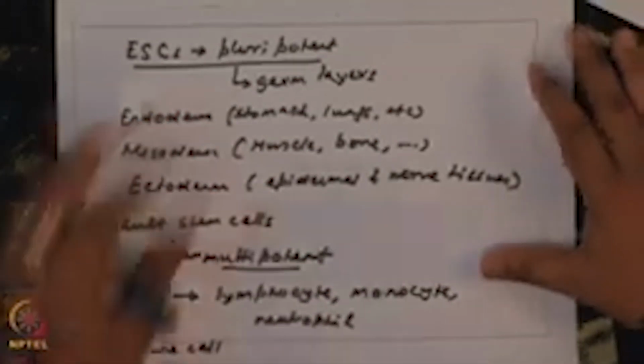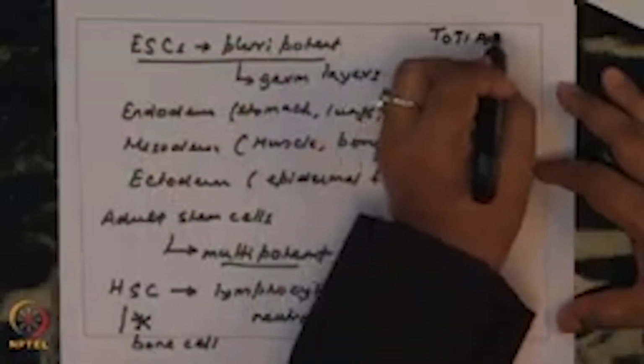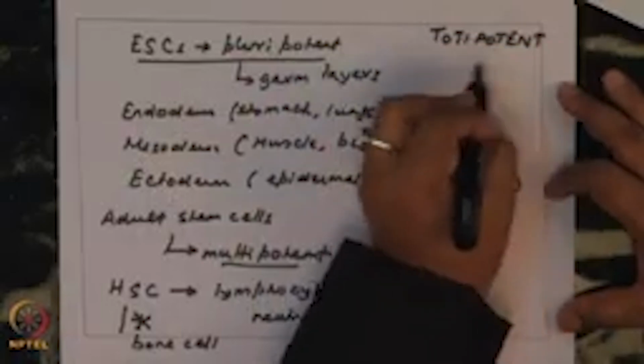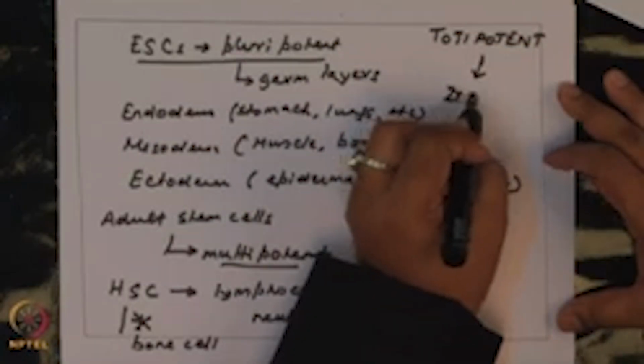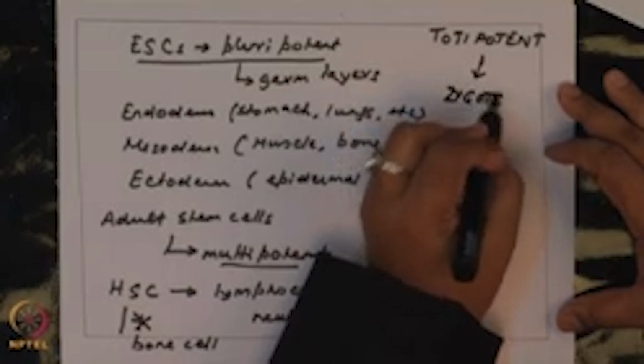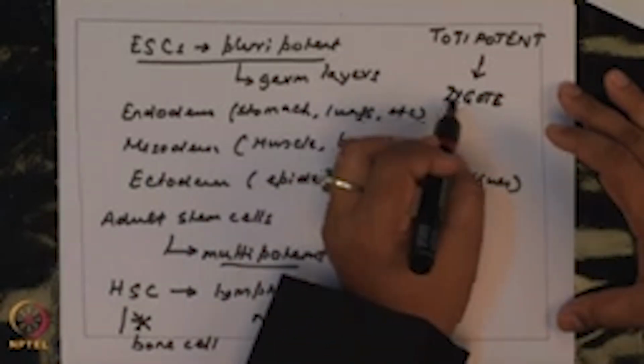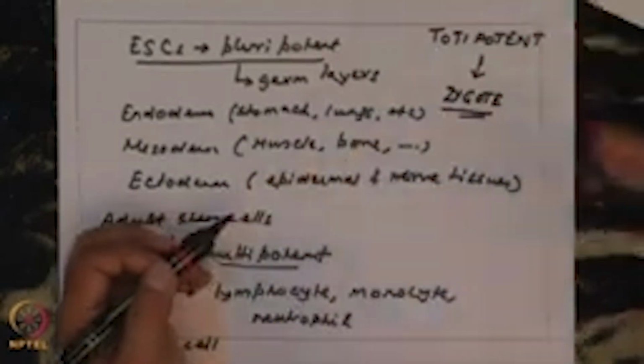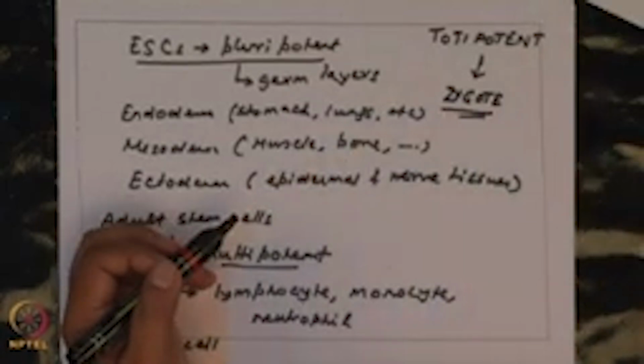Okay. And in comparison to pluripotent or multipotent, you have one more case which is called totipotent, and an example is the zygote. These can also give rise to your sperm cells. So, this is totipotency.